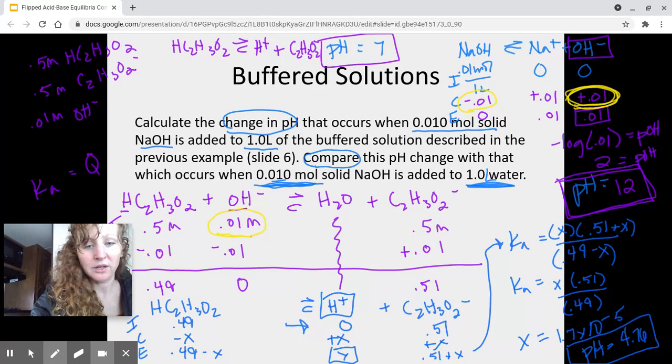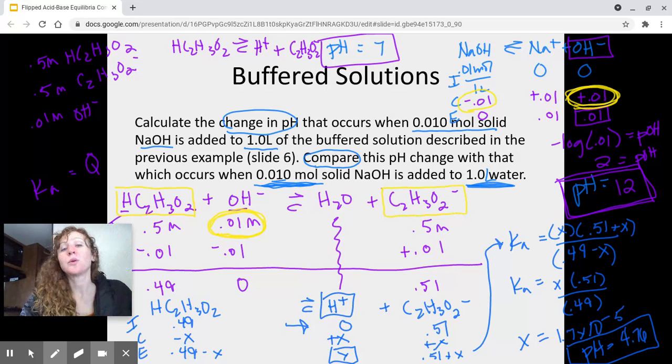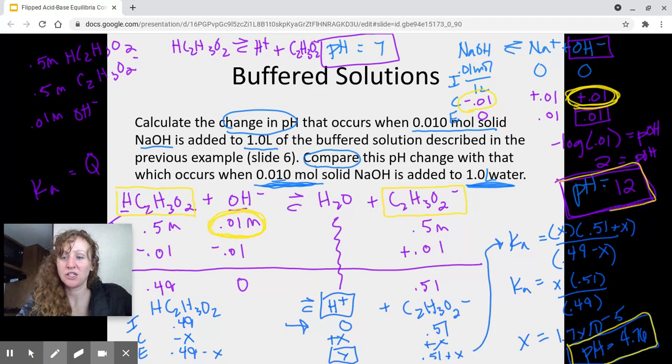What happened in my buffer was that the hydroxide ion reacted, and my weak acid reacted to form my weak base. So with water, I just built up hydroxide, the super strong basic ion. With my buffer solution, I got a buildup of a weak base, right? And that led to a small change in pH versus a big change in pH.